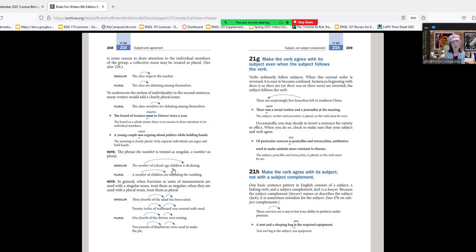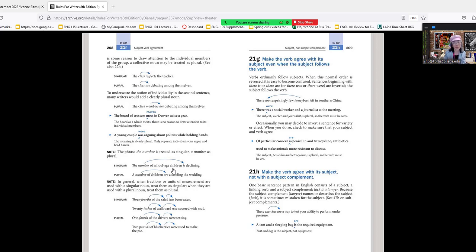So if I want to talk about the family, all of the family as one unit, then it becomes singular. The family is an important institution in American society. If I want to treat the family as individual members, as in each and every member, then the family members have problems.